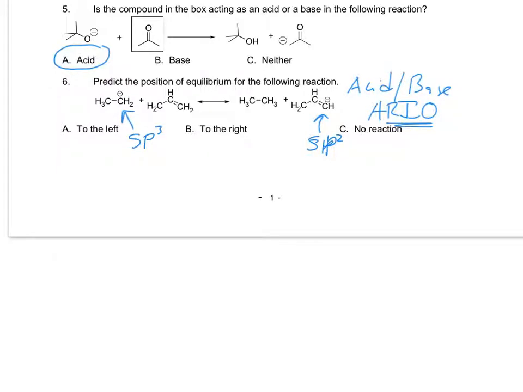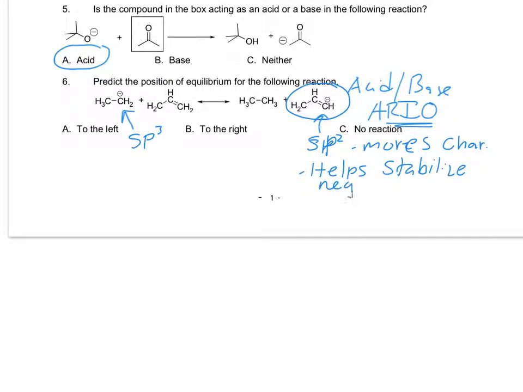And so the difference in orbitals tells us that this is the more stable anion because there is more s character for the sp2 hybridized orbital, and that helps to stabilize the negative charge. So the sp2. So the position of equilibrium then would lie to the more stable anion, and that would be to the right.